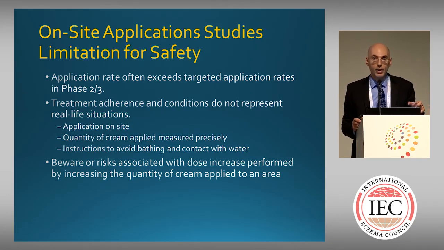I've seen companies do studies where they start at 2 milligrams per square centimeter, and then 4, and then 10, and then 20, and then more. In practice, patients don't use that amount, and you can get into trouble because of the vehicle. I've seen this in one study where we had contact urticaria when we first applied the product at 20 milligrams per square centimeter, and it was not the drug. It was something in the vehicle that created this type of reaction.